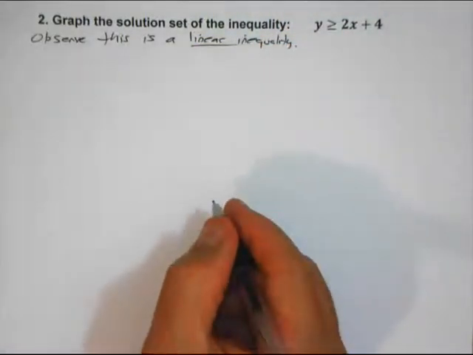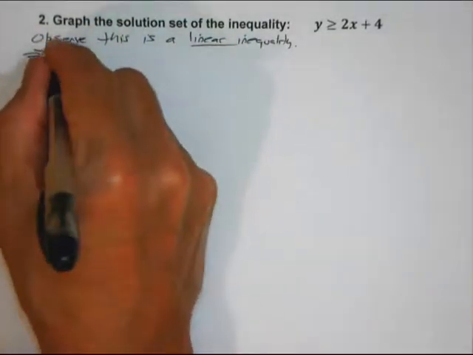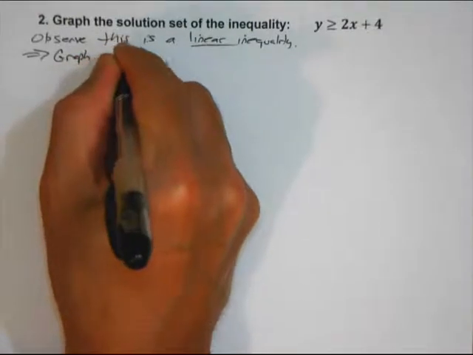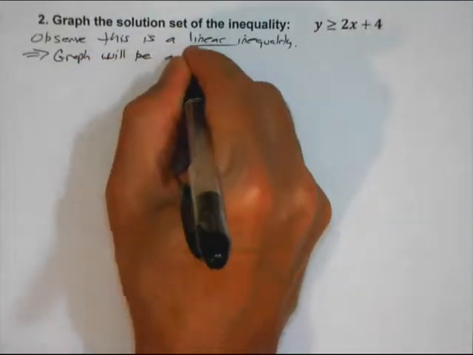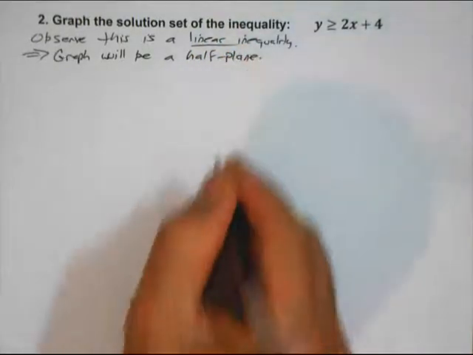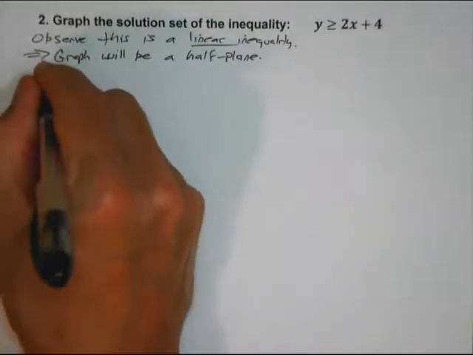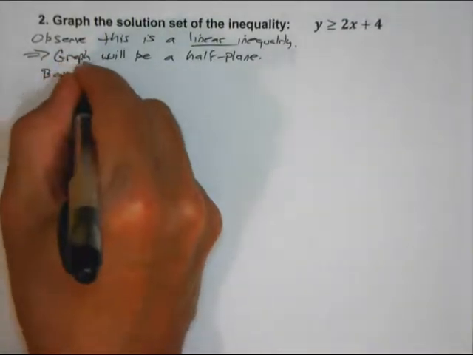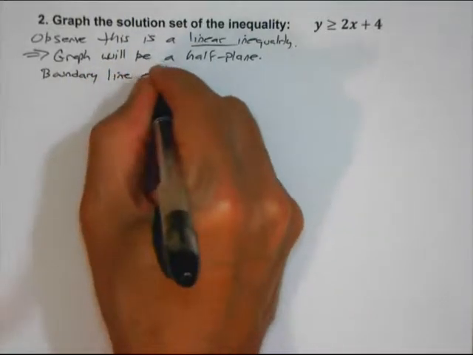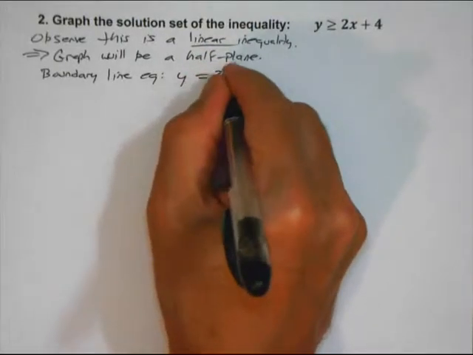Since we know that, then we also know the graph will be a half plane. So what we'll need is the boundary line. The boundary line equation is y equal to 2x plus 4.